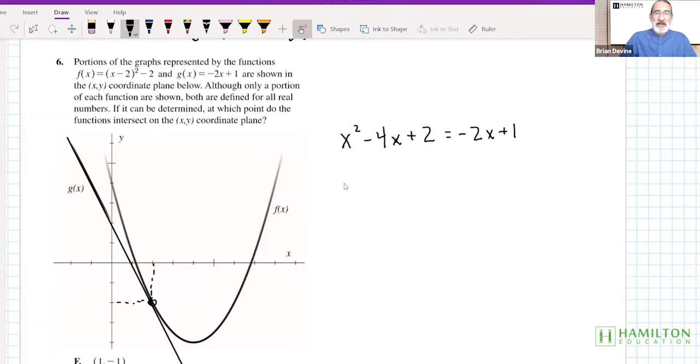So if I add 2x to both sides, I'm going to get x squared minus 2x, and then subtract 1, I'm going to get plus 1 equals 0. And right away I see that that's a perfect square trinomial. That's (x minus 1) squared equals 0. So this must be 1, -1, and the answer is F.